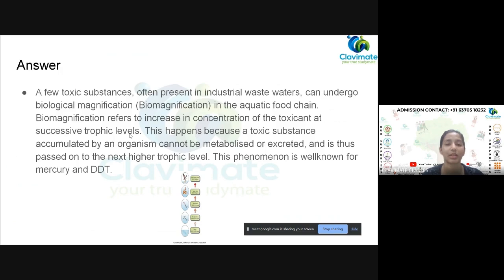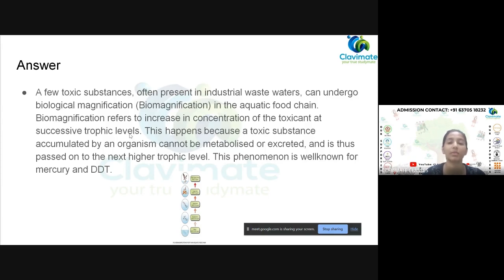For example, in an aquatic food chain, there's a fish in the water, and that fish eats something in the water, and then that toxicant comes into the fish. Then that fish is eaten by a bigger fish, and that bigger fish is eaten by a bird, and then we eat that bird. So basically, the toxic substance is carried to the next higher trophic level.